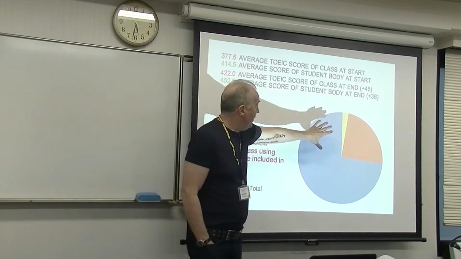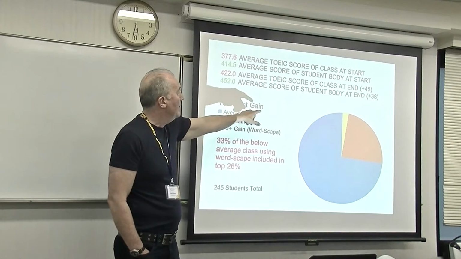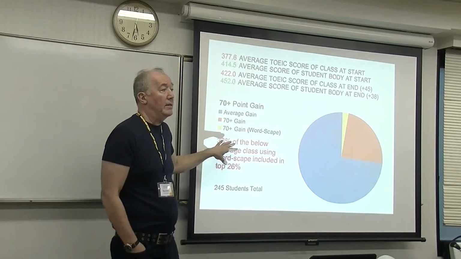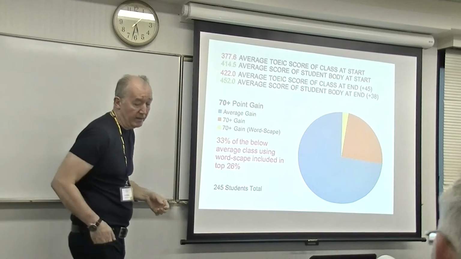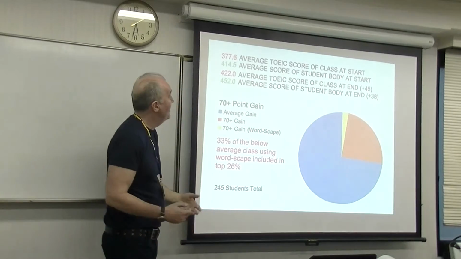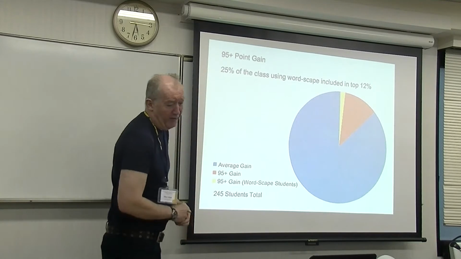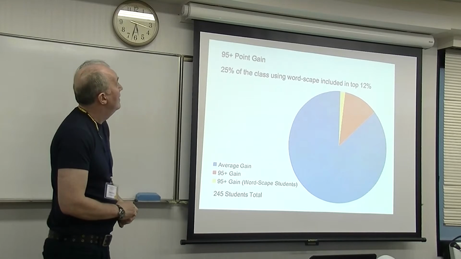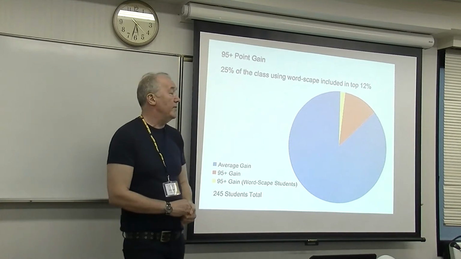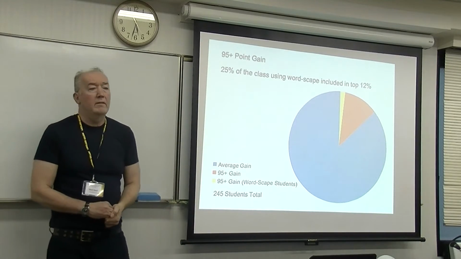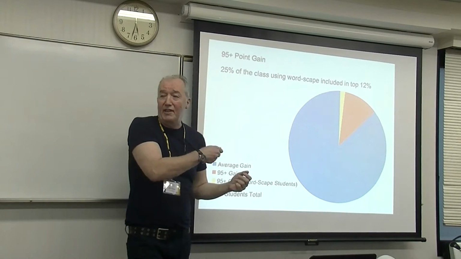The top 26% of the student body got a 70-point gain, and 33% of the class were included in that group, which is, I submit, an anomaly, at least. 25% got a 95-point gain, and were included in the top 12%. So for something the price of a cup of coffee, it's not bad. Like I say, there's not really enough students to nail this down, right?